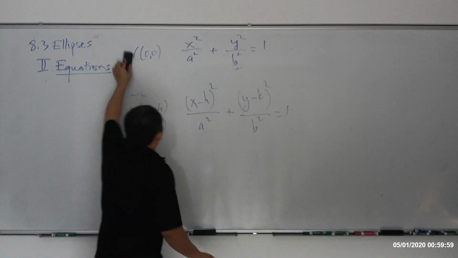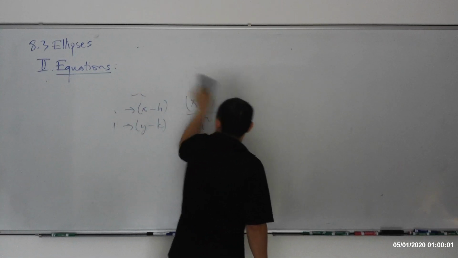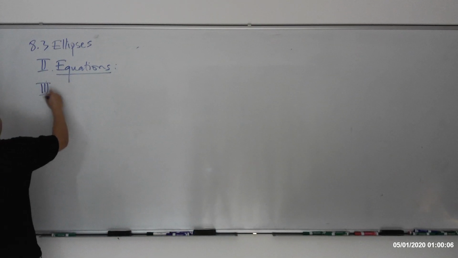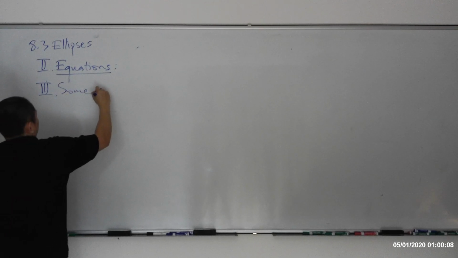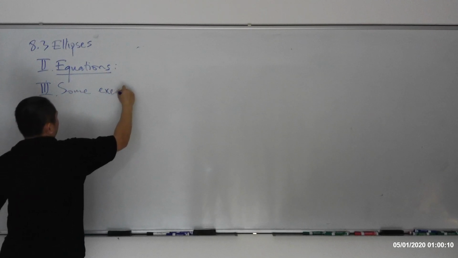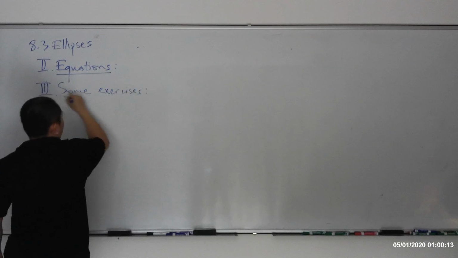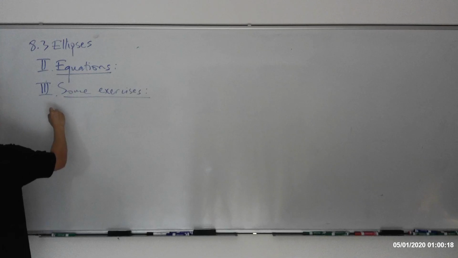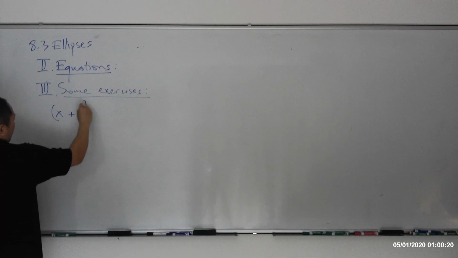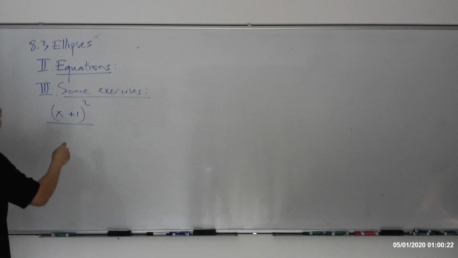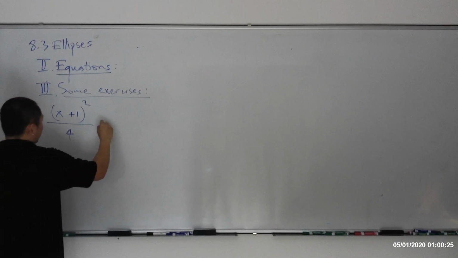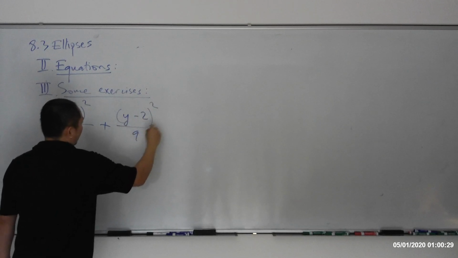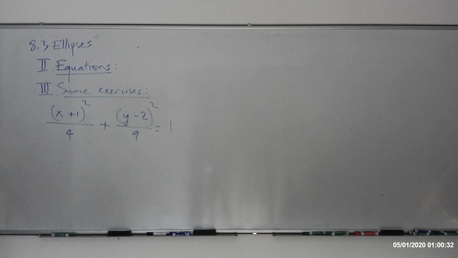Number 3, examples, exercises. First one, I give you this: x plus 1 squared over 4 plus y minus 2 squared over 9 equals 1.